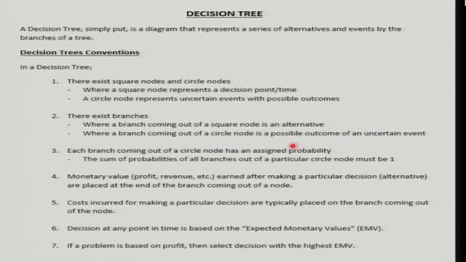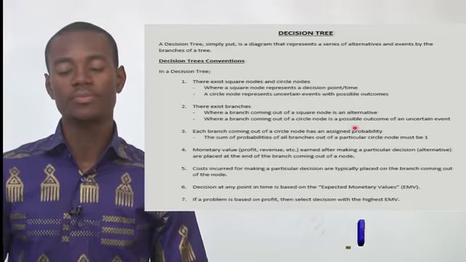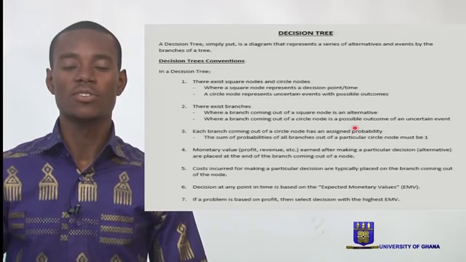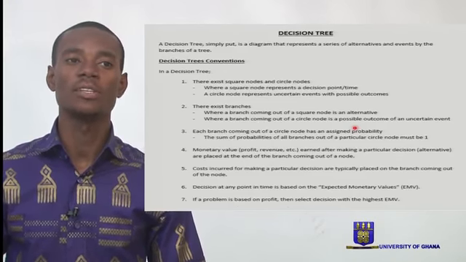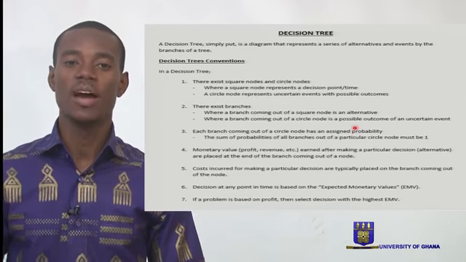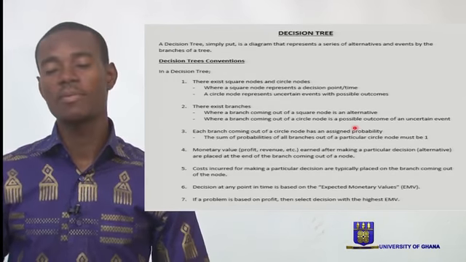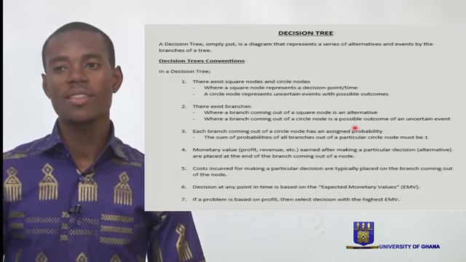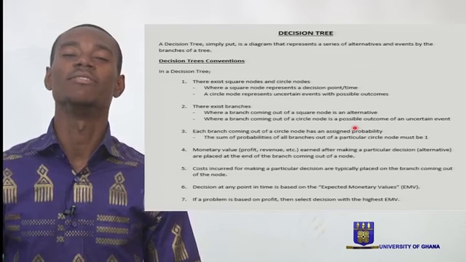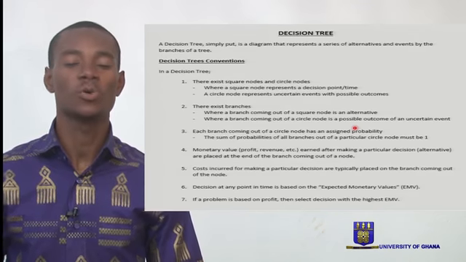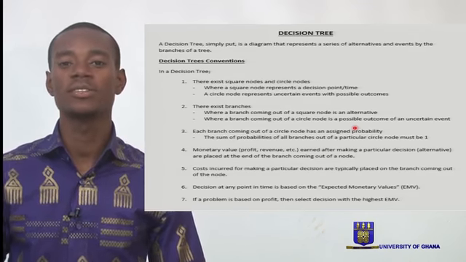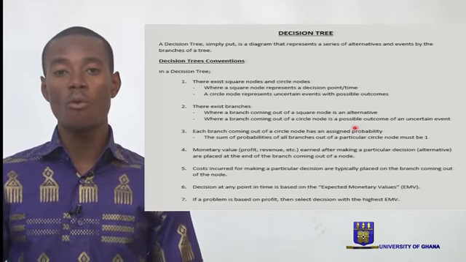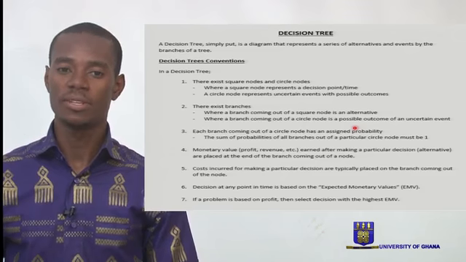When we use a square node, it means at that point we are making a decision, and the direction of that arrow determines what decision we have made. For a circle node, we are only evaluating our possible outcomes or chances, and the arrow just tells us the outcome of the two or more outcomes at that point.